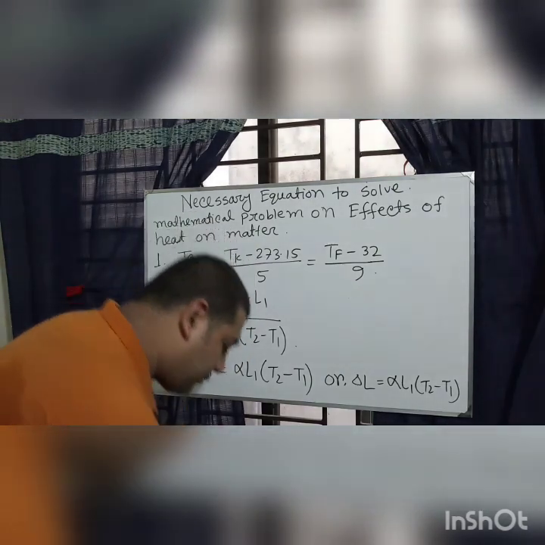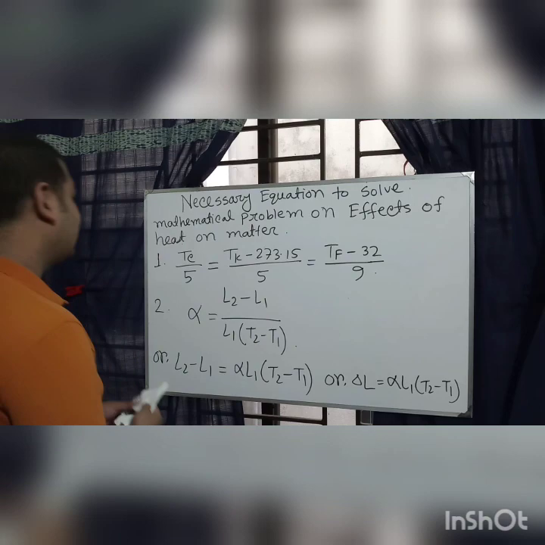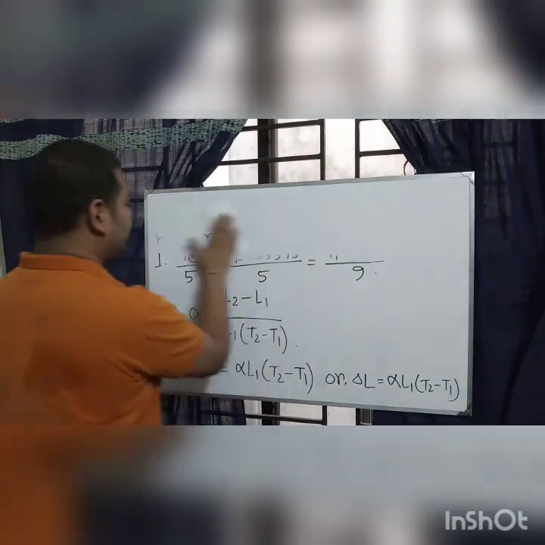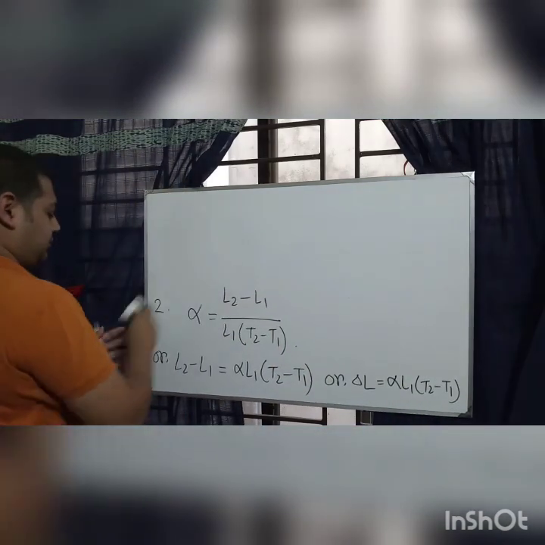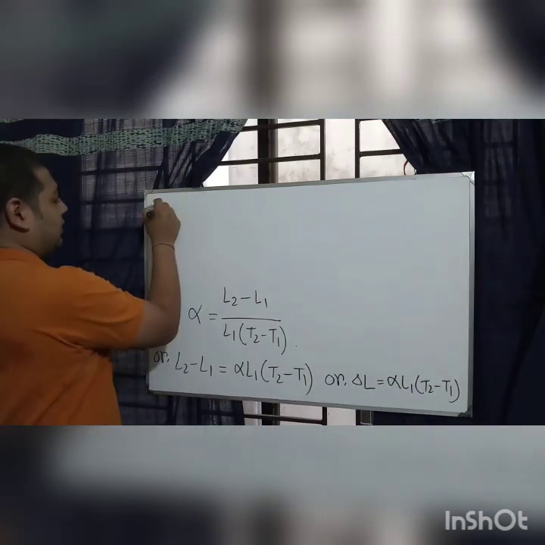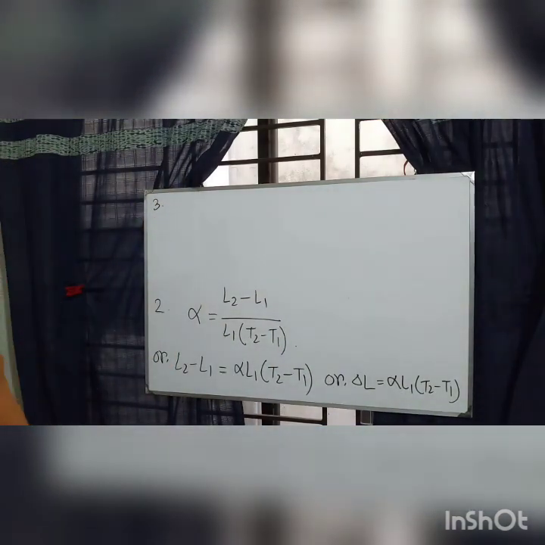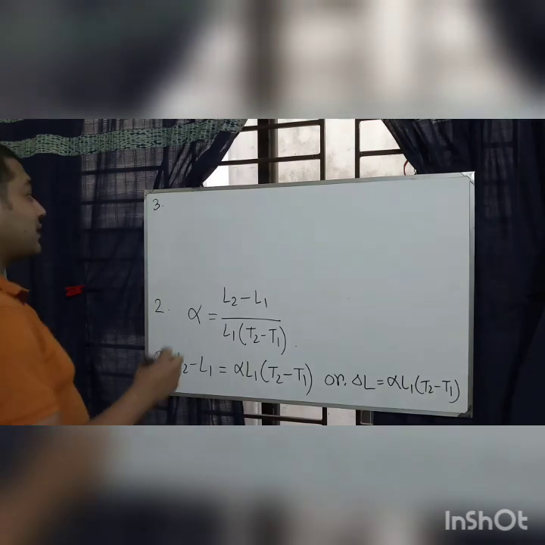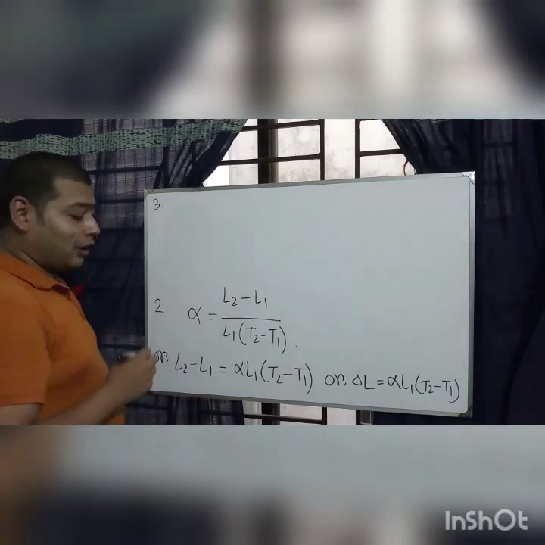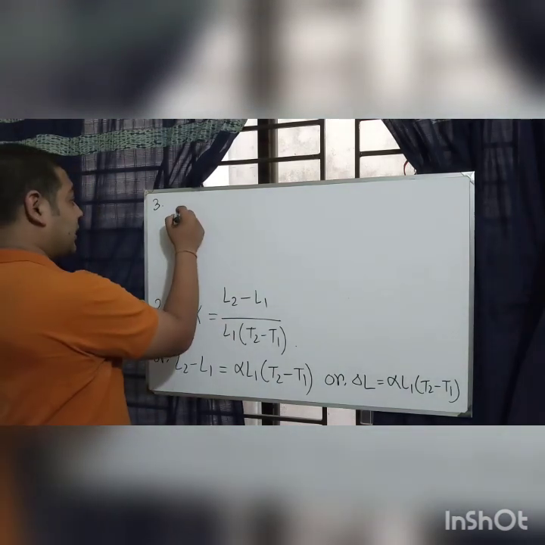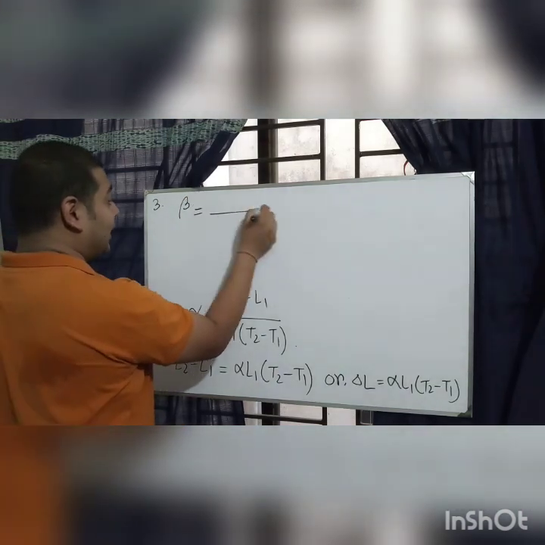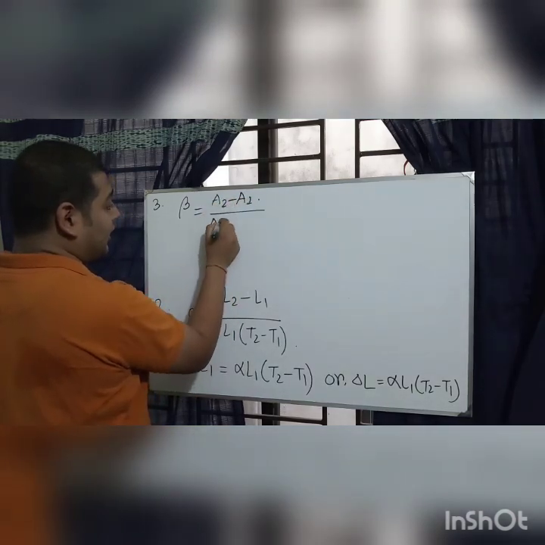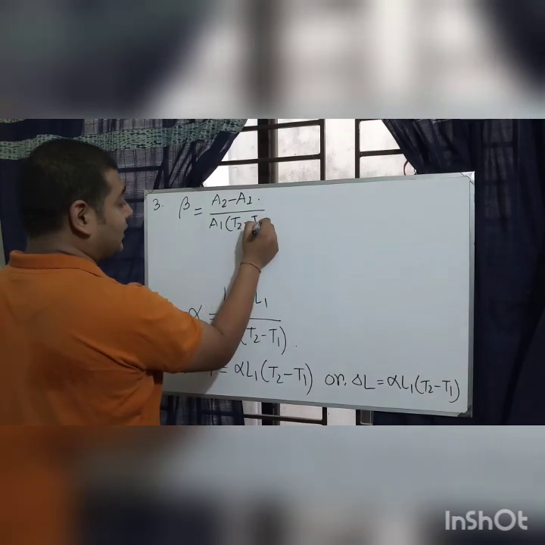Our next formula is number 3, the coefficient of area expansion. The coefficient of area expansion is denoted by beta equal to (A2 minus A1) divided by A1 into (T2 minus T1).